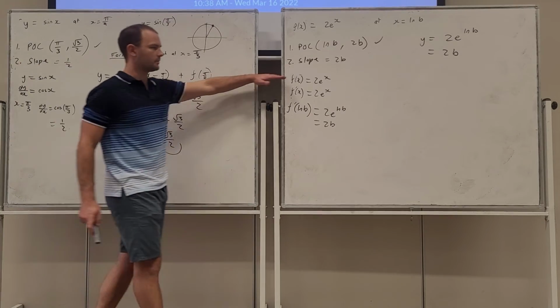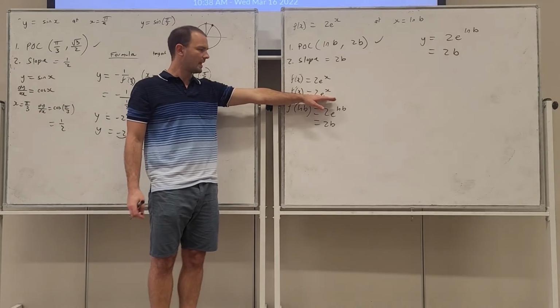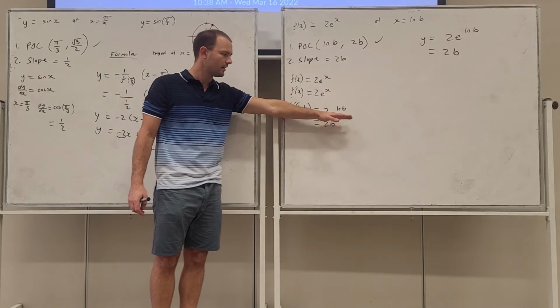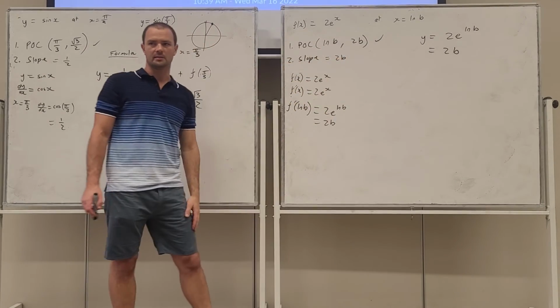So f of x, we differentiate it, it's still 2e to the x. We now want to know the slope when x is ln(b), and that simplifies to 2b. So we've got our point of contact, we've got our slope.